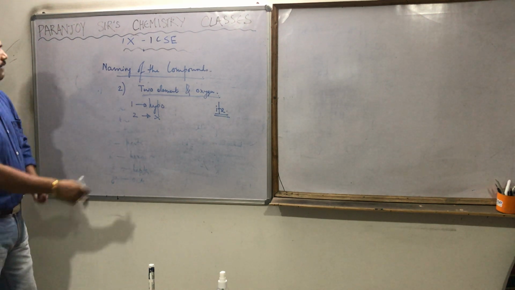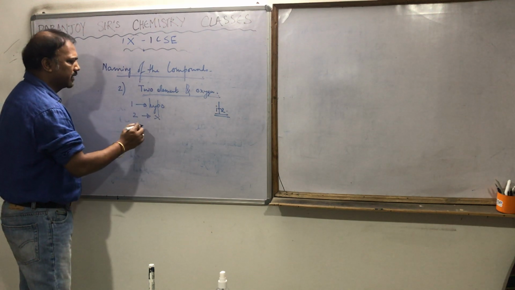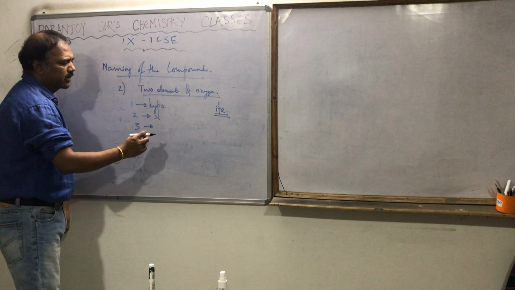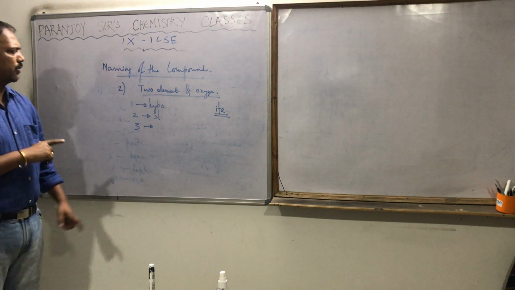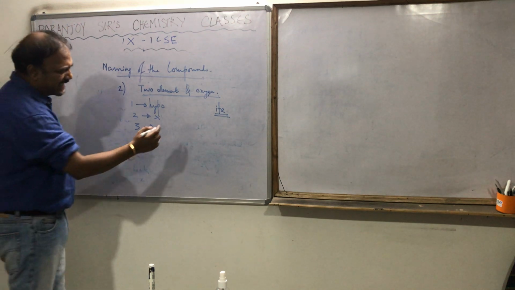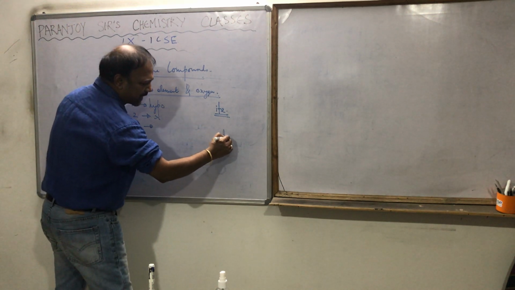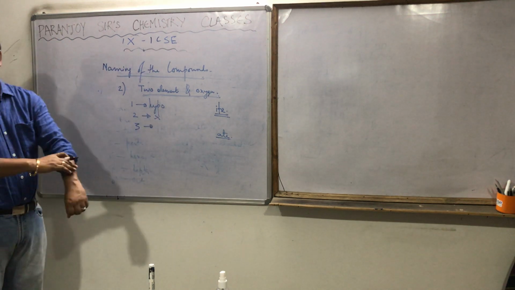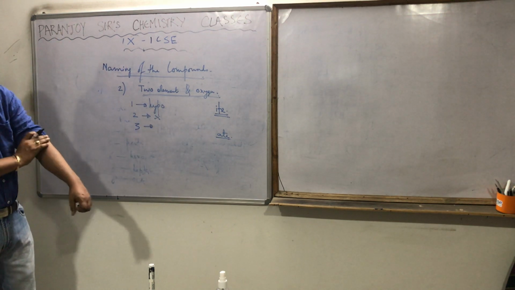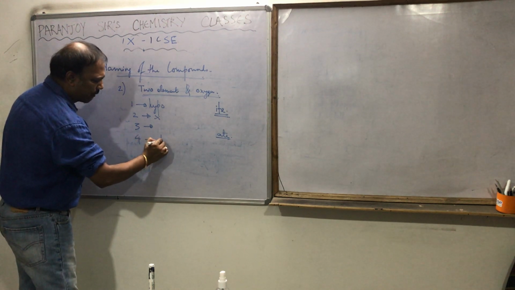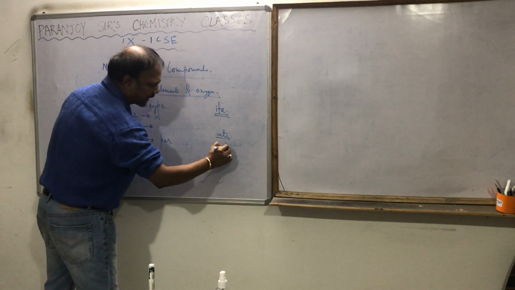If three are there, we call it ATE. Then the suffix is ATE, not ITE. For the first two it is ITE. The next one is ATE. And if four are there, we write it PAR and ATE.